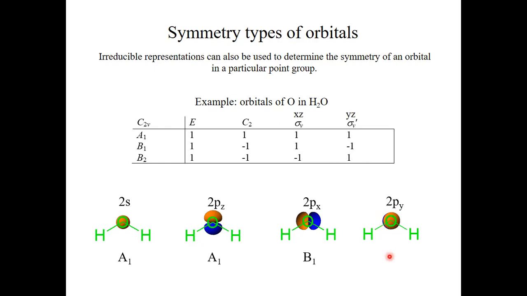So now in this case, what is the symmetry type? Well, the identity does nothing. What does the C2 symmetry operation do? Will it change the algebraic sign of the wave function or not? Yes, it will change its algebraic sign.